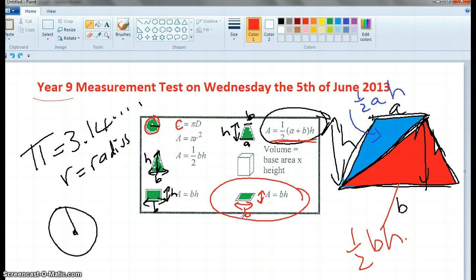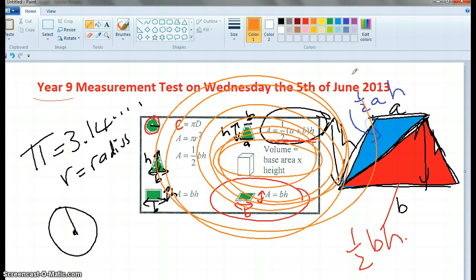So, what is our lesson today? Our lesson today is this formula here. Okay, so we know all the other ones. This is the formula sheet you get in the test. So volume is base area times height. What does that tiny formula mean? All right.